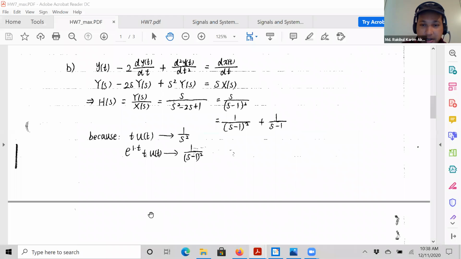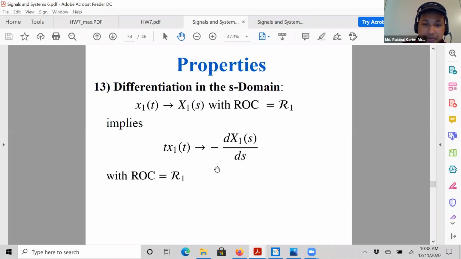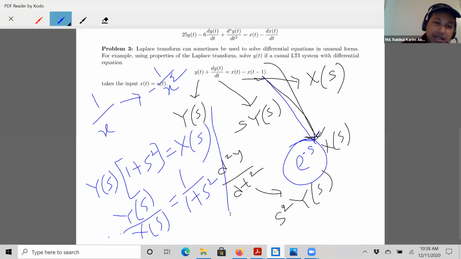So here it is also like that. If you take the derivative, it becomes 1 by s minus 1 whole square. There is a minus sign, of course, but here there is another minus sign. That makes it minus plus.